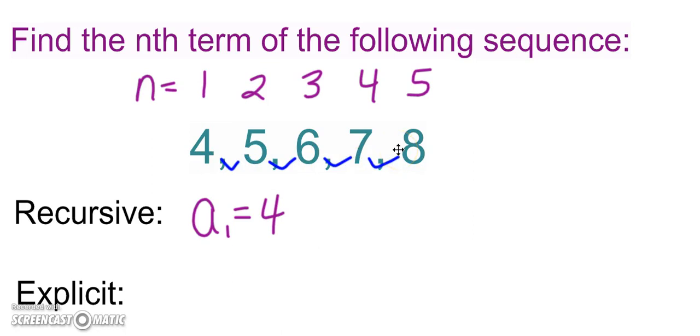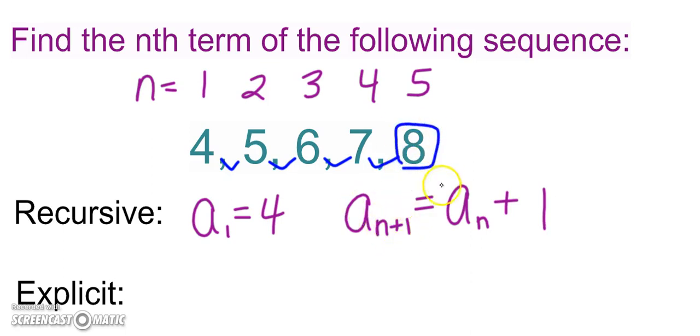Hopefully in your head, you said that you were adding 1 every time. So that means that a sub n plus 1, our next term, is going to be the previous term plus 1 every time. A sub 5, which would be this one right here, is equal to a sub 4 plus 1, 7 plus 1. So it works.